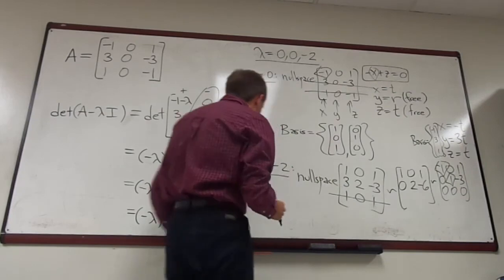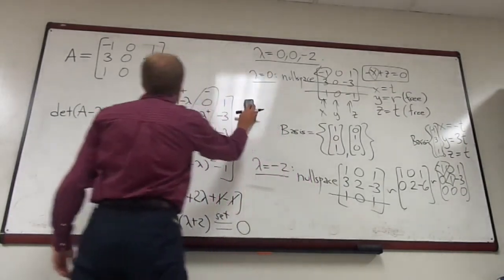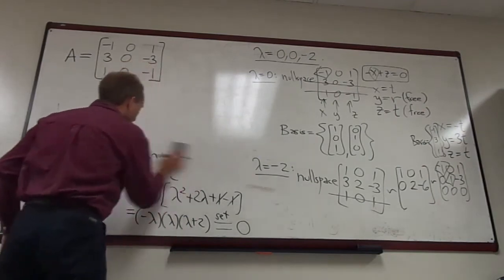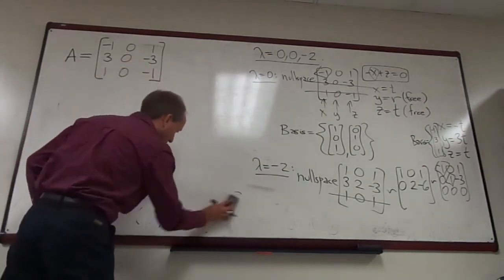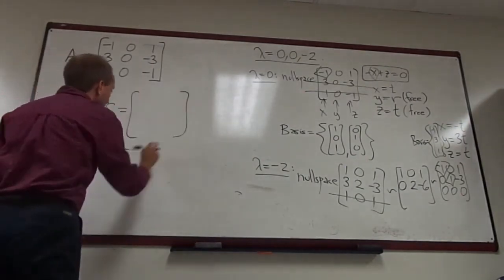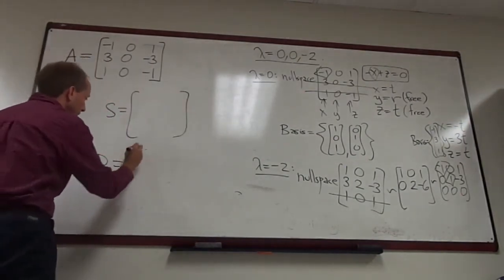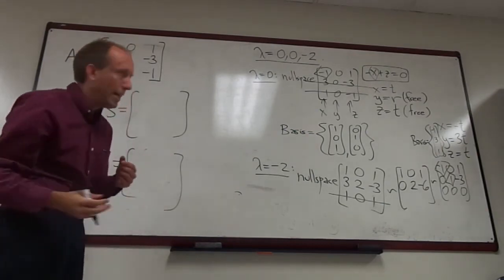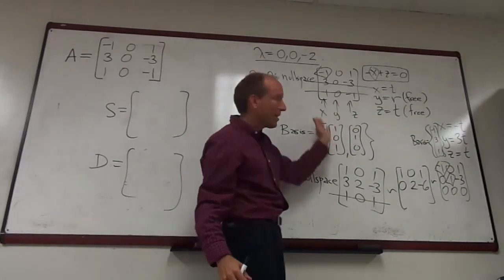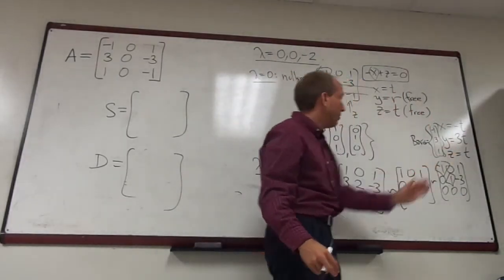So the way we finish off the problem then is we just simply have to write down the matrix S and the matrix D. Let me show you that real quick, and then we'll be done. If you remember the procedure here, the matrix S is built by putting the eigenvectors into the columns of the matrix.